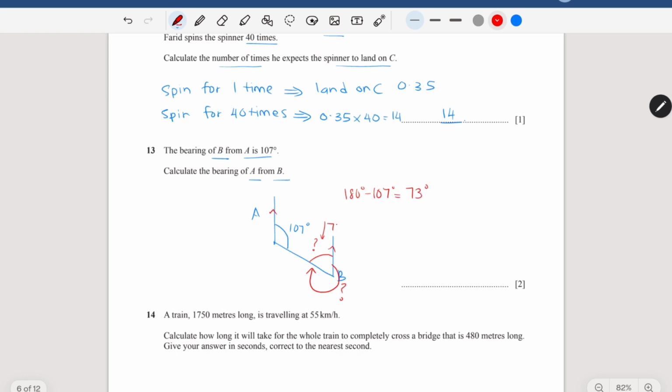So, the angle over here is 73. We know that one circle is 360. So, 360 minus 73, you will get the bearing of A from B, which is 287. The answer is 287 degrees.